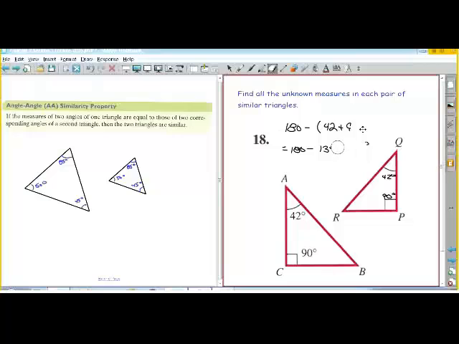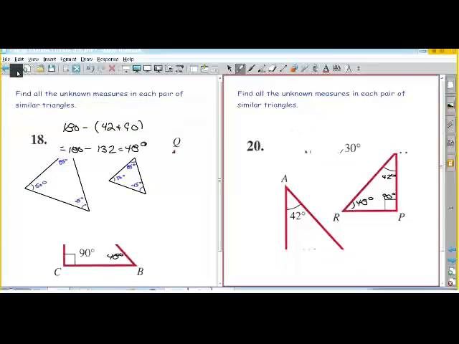Oh, 42, yeah, thank you, correct that. 42 and 90, which is 132. So that's 48, I guess. So this one's 48 degrees. This one's 48 degrees. So you just need to draw the triangles and fill in the numbers.